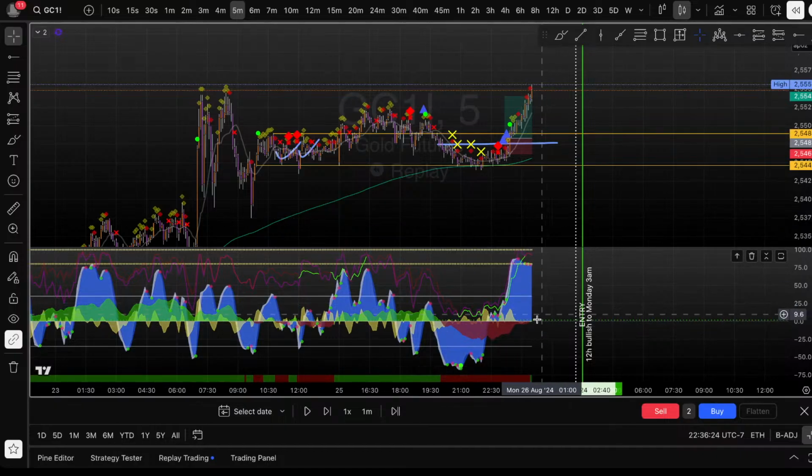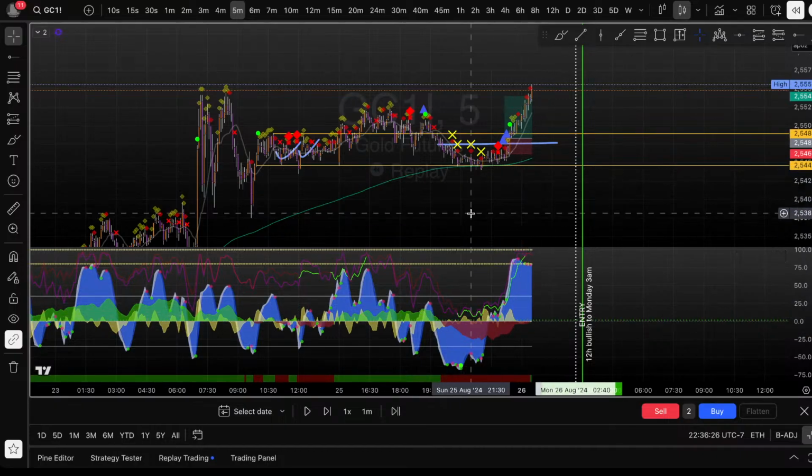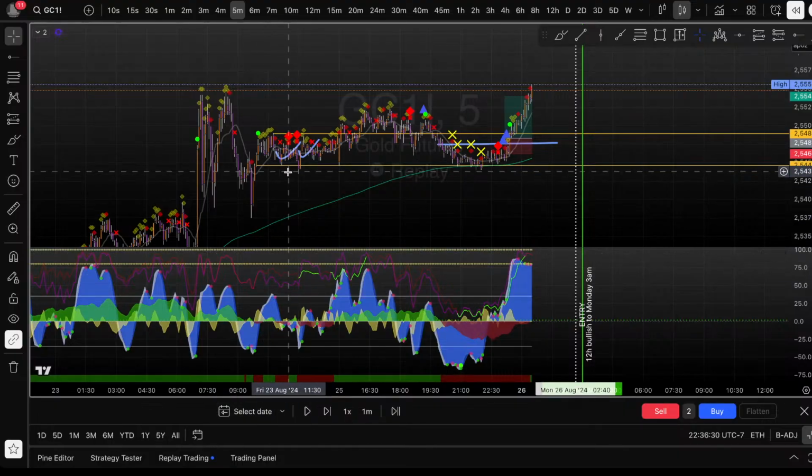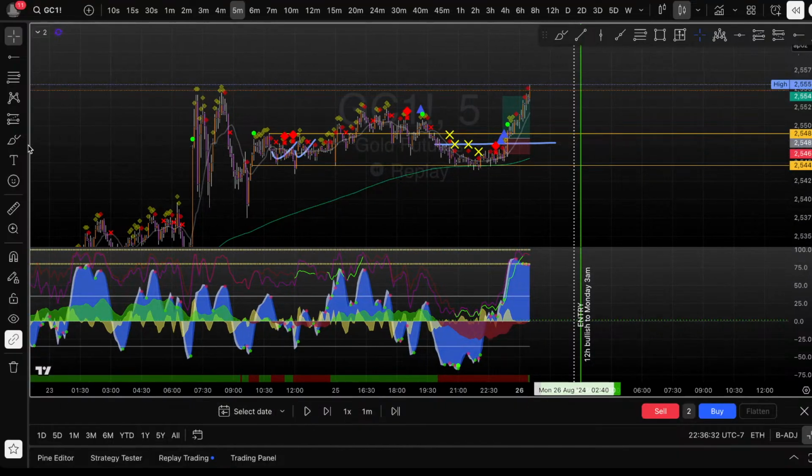Even though this is not where my mentor would take profit. He would tell everybody else maybe to take profit, but we're going to, because it's important. And I'm only 2 contracts in, right?